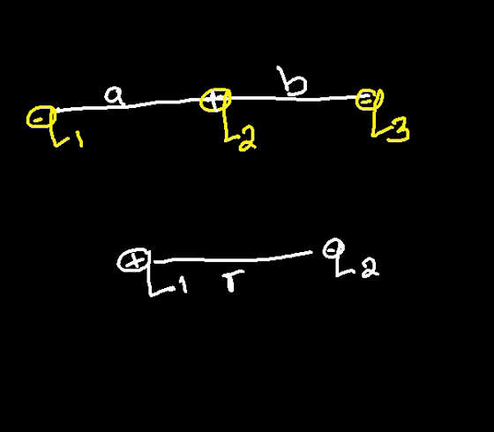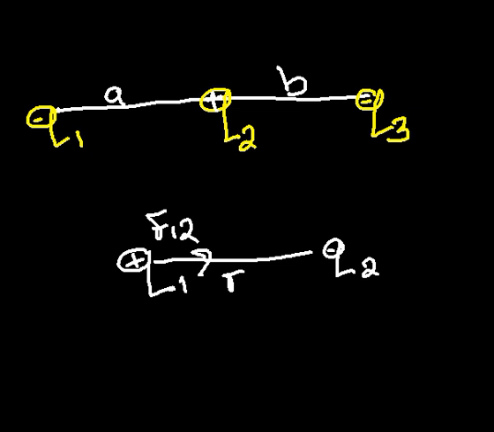And the force which charge 1 is going to experience due to charge 2 will be towards this direction, because charge 1 is going to experience a force towards this charge, and we'll call it F12, meaning the force charge 1 experiences due to charge 2.